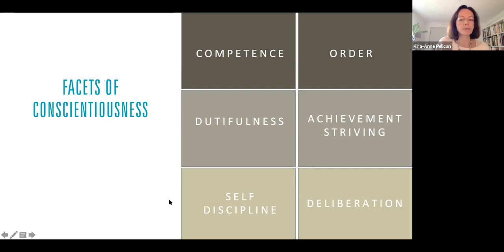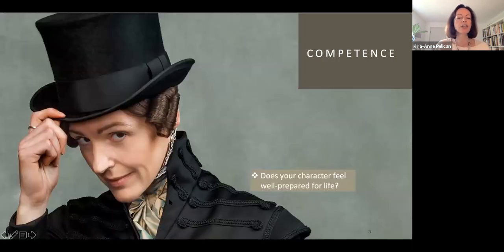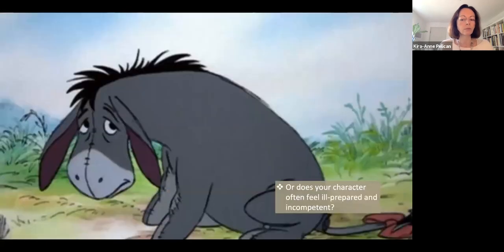lower in others. So thinking about this in relation to your main character, does your main character feel well prepared for life? Or do they often feel ill prepared and incompetent?